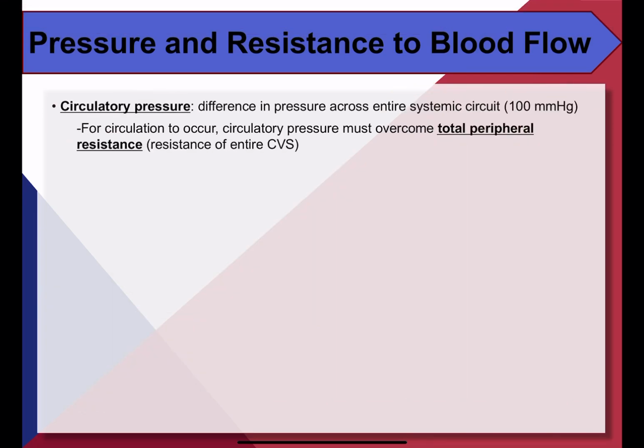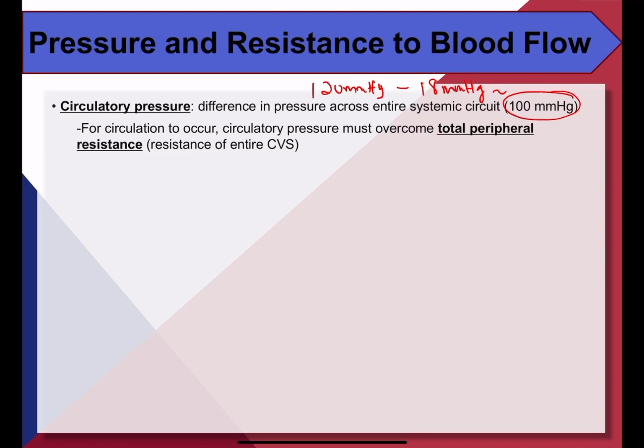And hence the value of circulatory pressure overall is the difference in pressure across the entire systemic circuit, which, if we take 120 mmHg coming out of the aorta to about 18 mmHg coming out of the venous end of the capillary, is a difference of about 100 mmHg, as I mentioned in the beginning of the chapter.